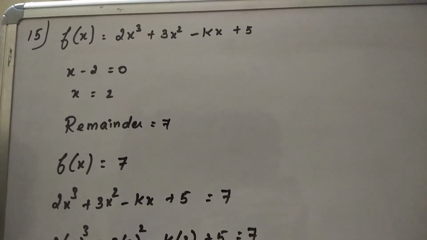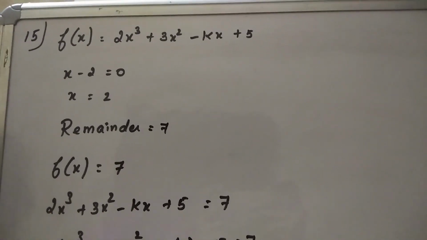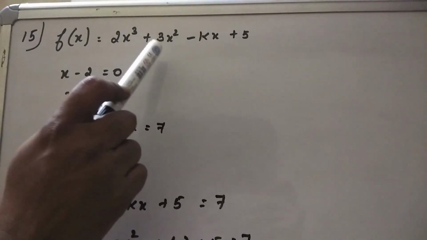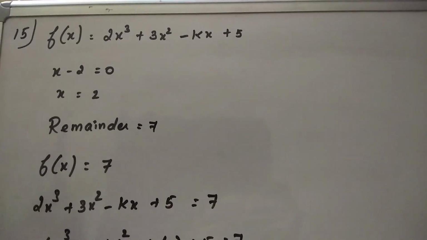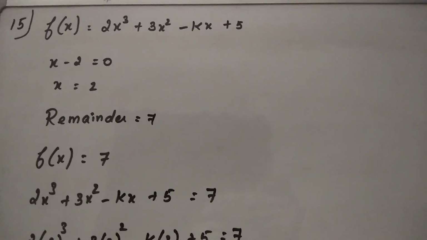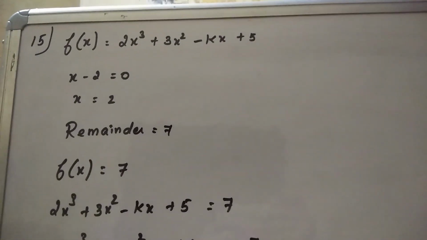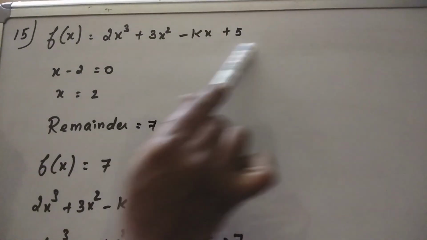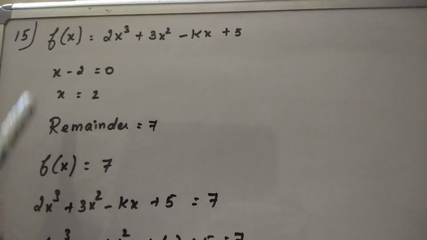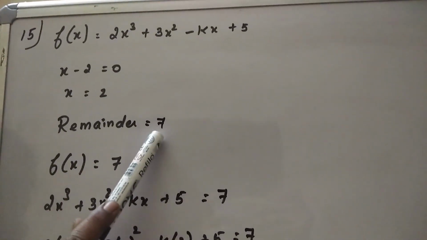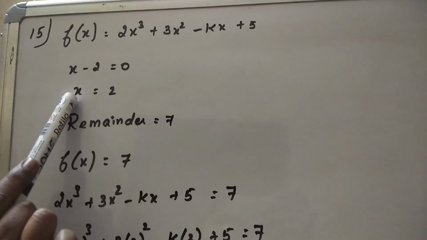Using the remainder theorem, find the value of k if on dividing 2x cube plus 3x squared minus kx plus 5 by x minus 2 leaves the remainder 7. In the question it is given, this expression divided by x minus 2 leaves the remainder 7. So get the x value: x is equal to 2.